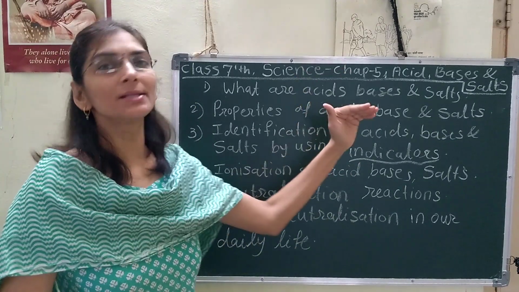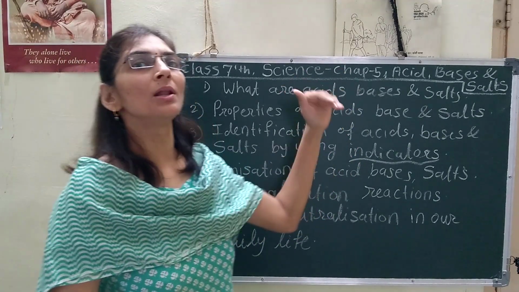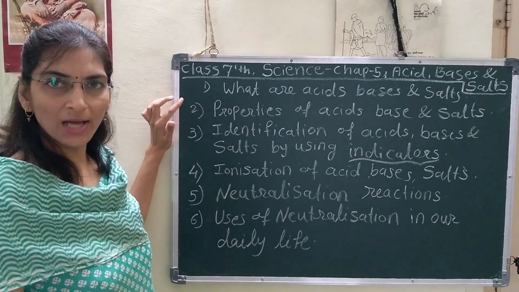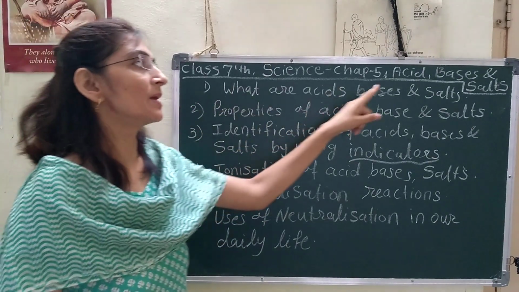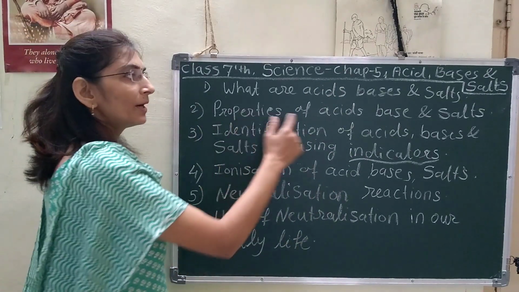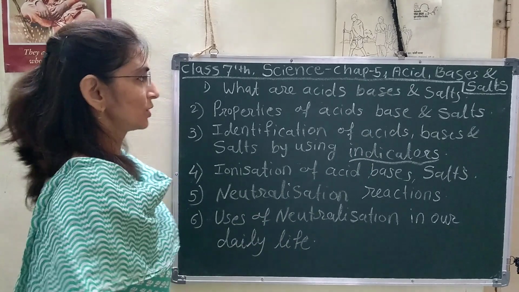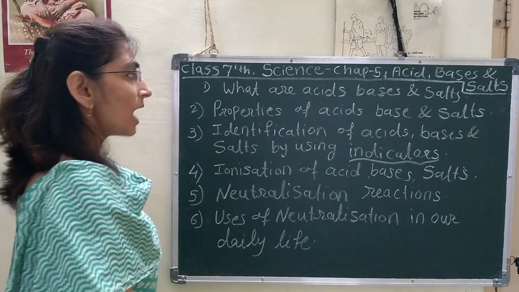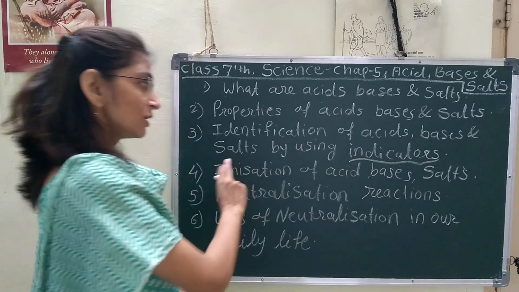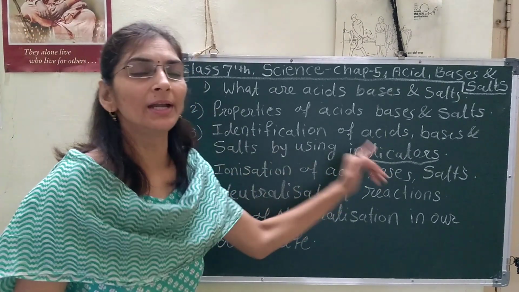Under this chapter we have to learn these points. The first point is what are acids, bases and salts. Second, properties of acids, bases and salts. Third, identification of acids, bases and salts by using indicators.